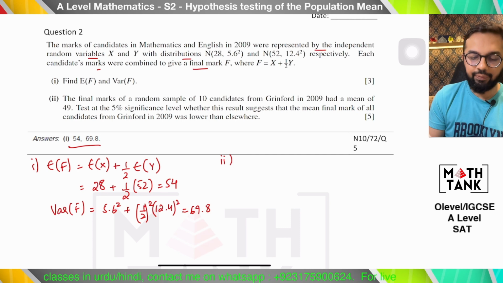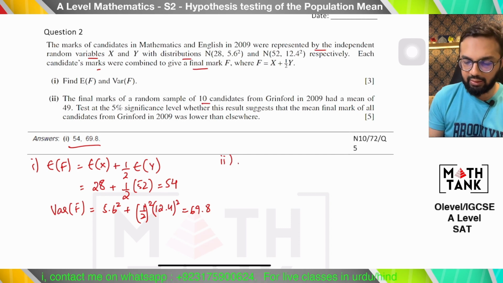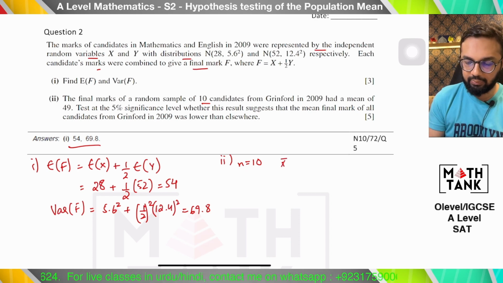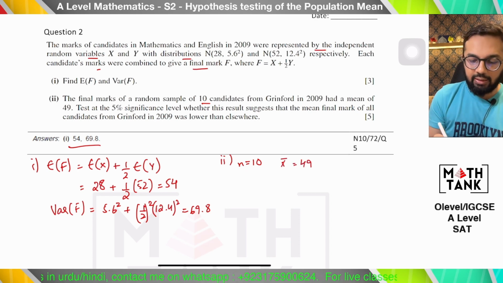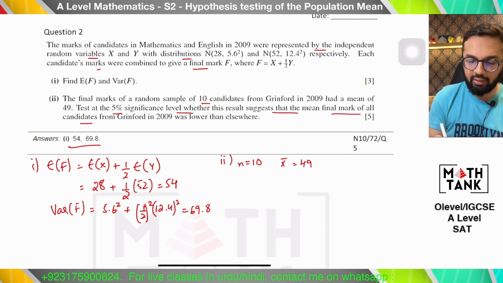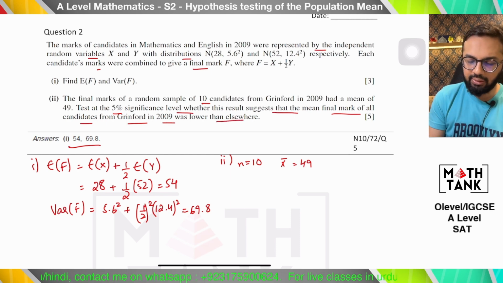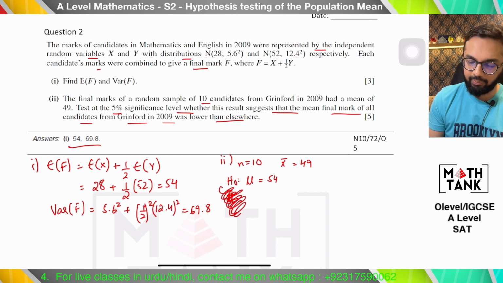It says the final marks of a random sample of 10 candidates from Greenfield in May 2009 had a mean of 49. Test at the 5% significance level whether this result suggests that the mean mark of all candidates from Greenfield in 2009 was lower than elsewhere. Okay, so mu was initially 54 for us, according to the previous part. And H1 is then what I'm trying to test, if the mean had reduced.